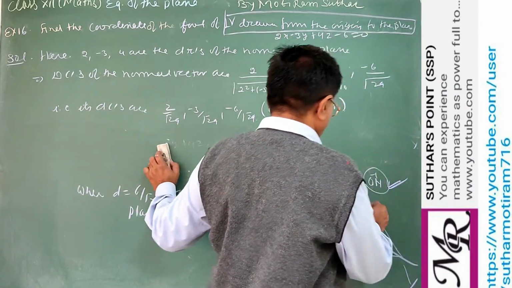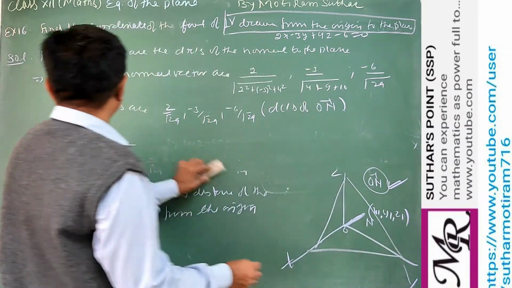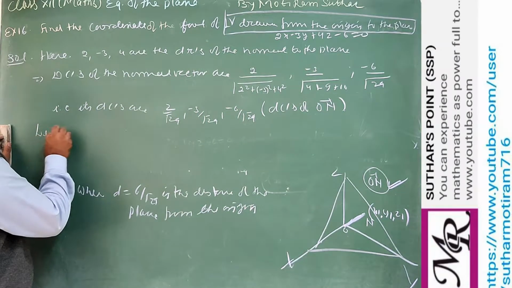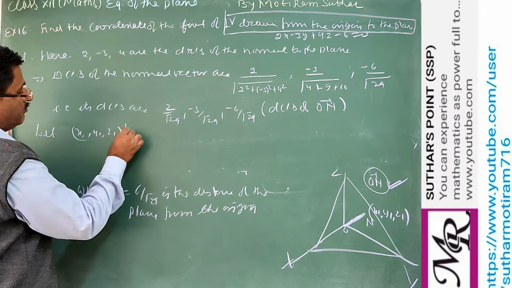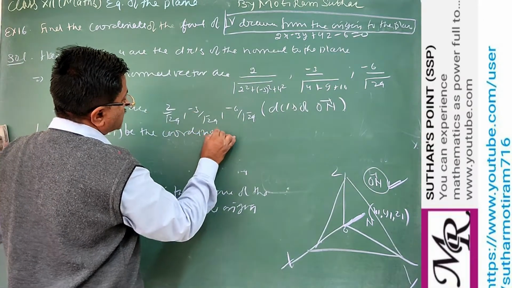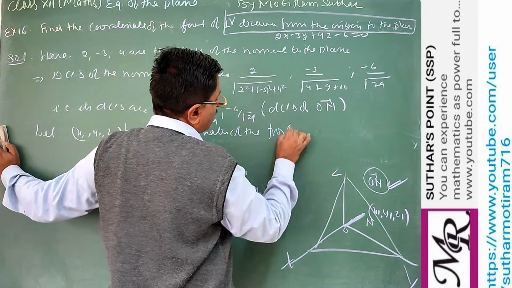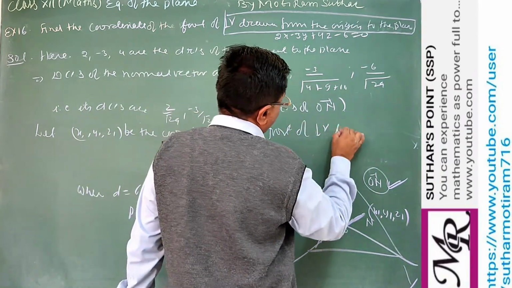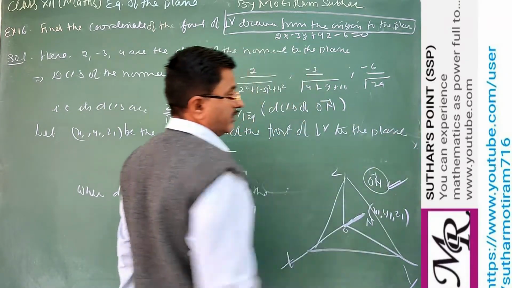Let x1, y1, z1 be the coordinates of the foot of the perpendicular to the plane. That we have to find.